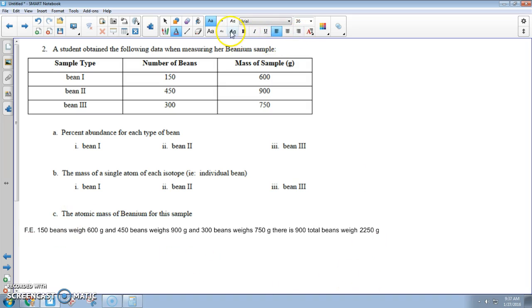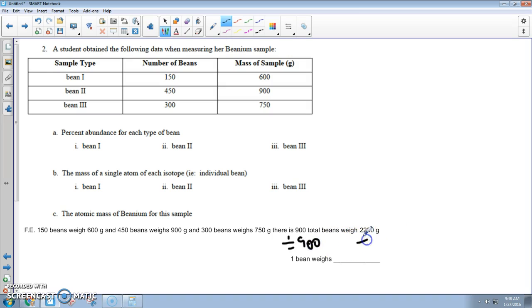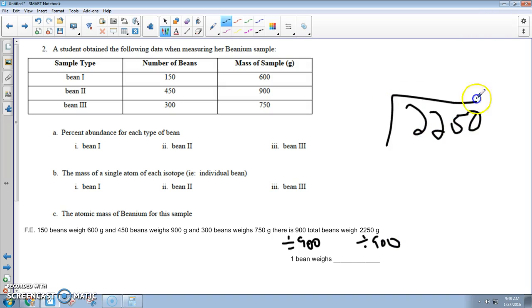Then I'm going to do my next for every statement right down here. I want to know how much one bean weighs. Which means I am dividing both of these by 900. Which is not the nicest math here, but it's not horrible. So I would do 2250 divided by 900. Now if you wanted to, remember that we could cancel out a 0 on each of these.